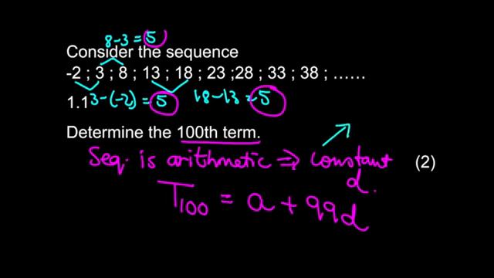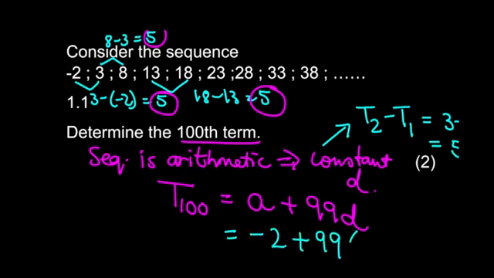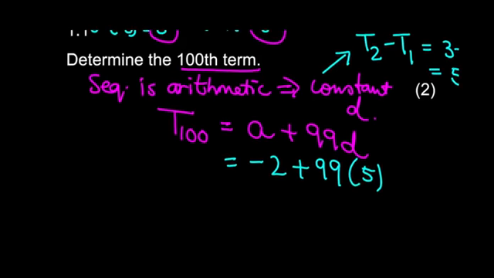My constant difference is always the second term minus the first, which is 3 minus negative 2, which is equal to 5. Now I can substitute. My first term is negative 2, I have 99 differences, and I've worked out that the difference is 5. That would be 500 minus 5, so that's 495 minus 2, which would be 493.